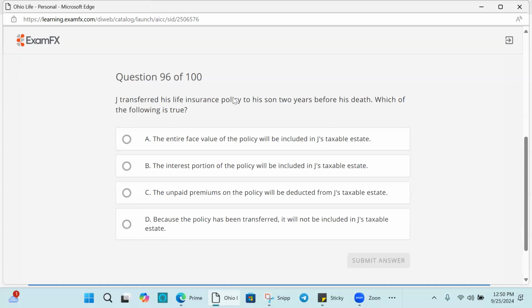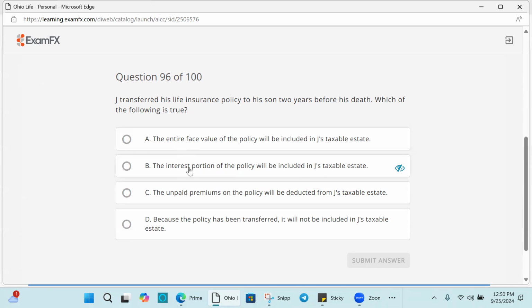He transferred ownership of his life insurance policy to his son. So I can still be covered under the policy, but not be the policy owner, so you're not responsible to pay for it. It won't be considered part of your estate if you transfer it in the proper time frame.